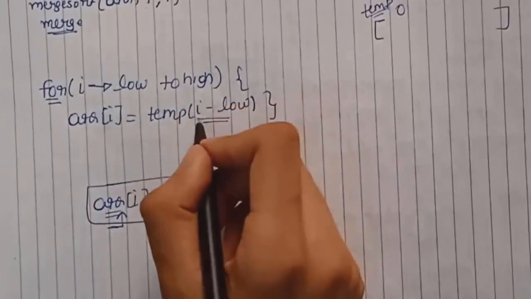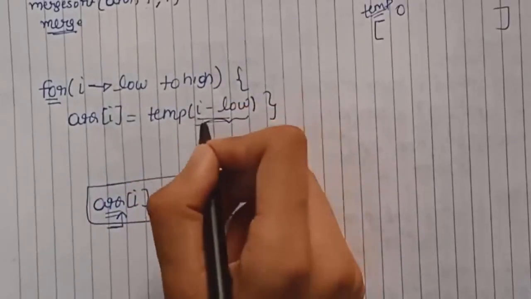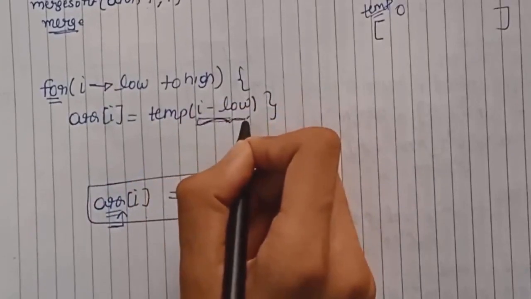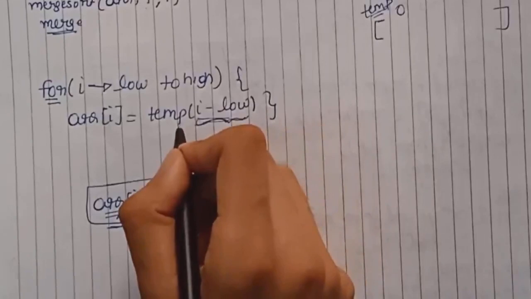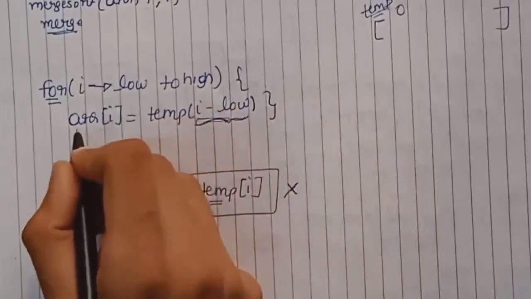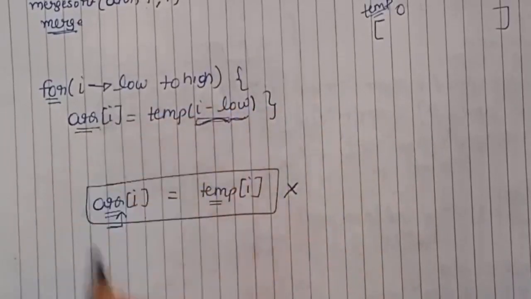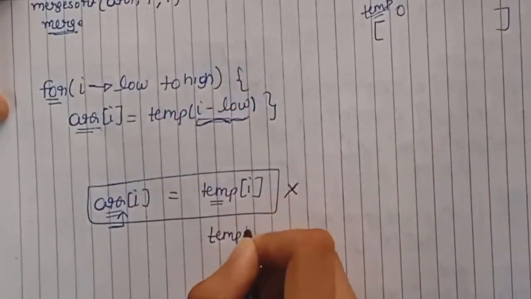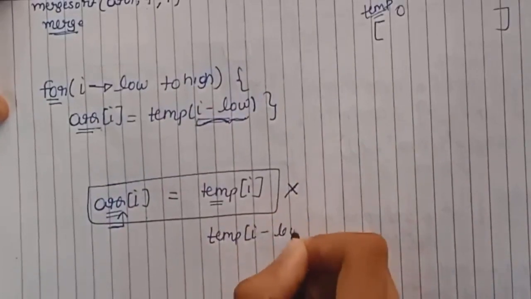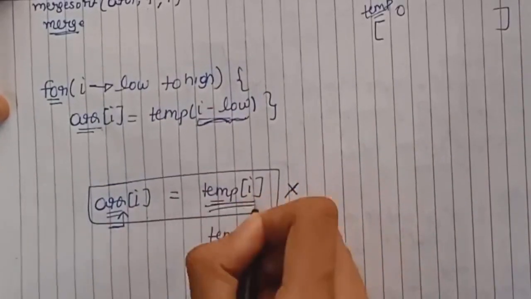So here you need to write I minus low itself, which will ensure that we are able to put the element of the temporary array at the right index of this ARR array. So here you need to write temp I minus low in place of temp I.